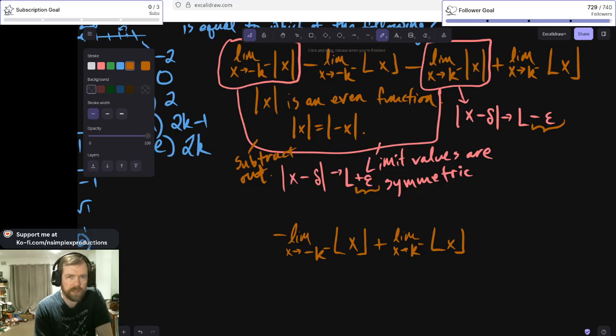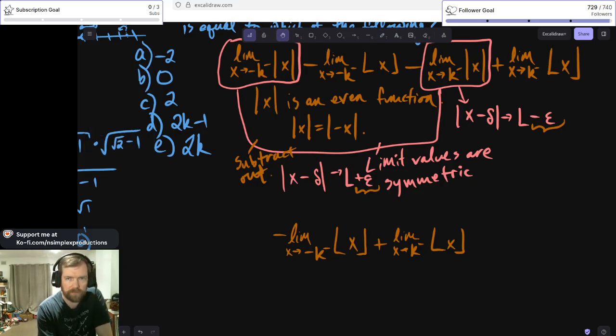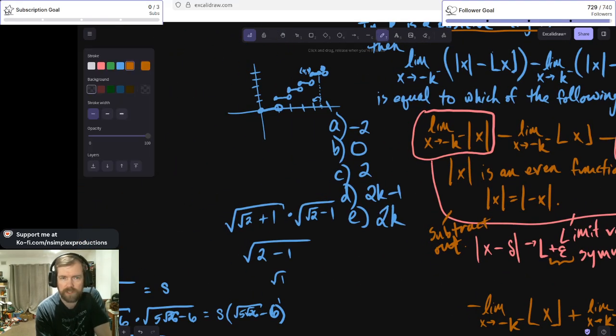Okay, now if we take our diagram we had up here and then extend this into the negative region as well, it's going to look like that.